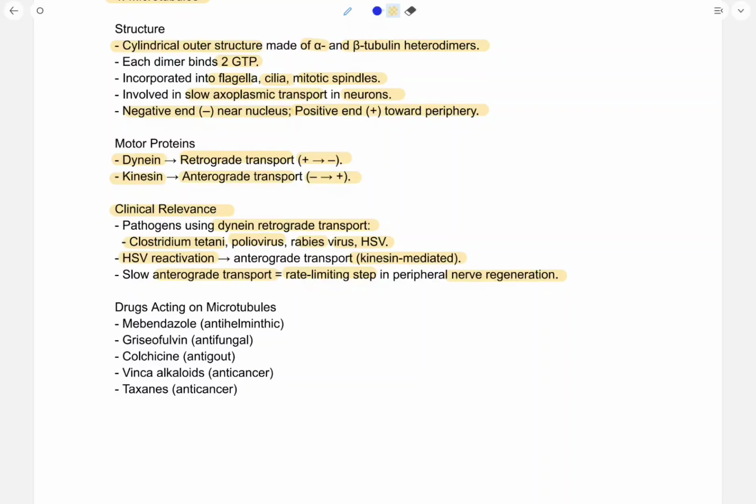Now we will discuss some drugs acting on the microtubules. These are antihelminthic, antifungal, anti-gout, and anti-cancer drugs.